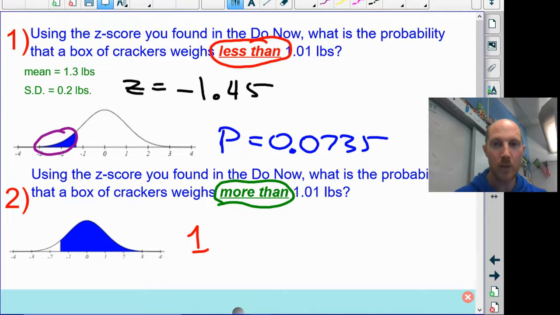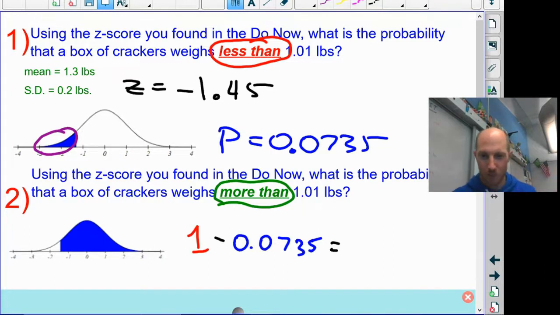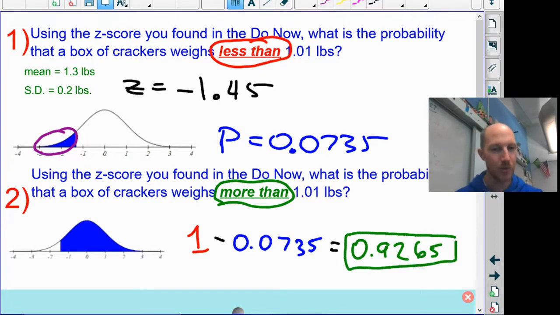It's going to be 1 minus the probability that we got from the table. So 1, it's the decimal version of 100%. So the whole bell curve represents one whole thing minus the probability we just got, 0.0735. Subtract that, and that will give us the probability that we're actually after for more than this z-score. So that's going to be 0.9265. So about 92%, 92.65%.